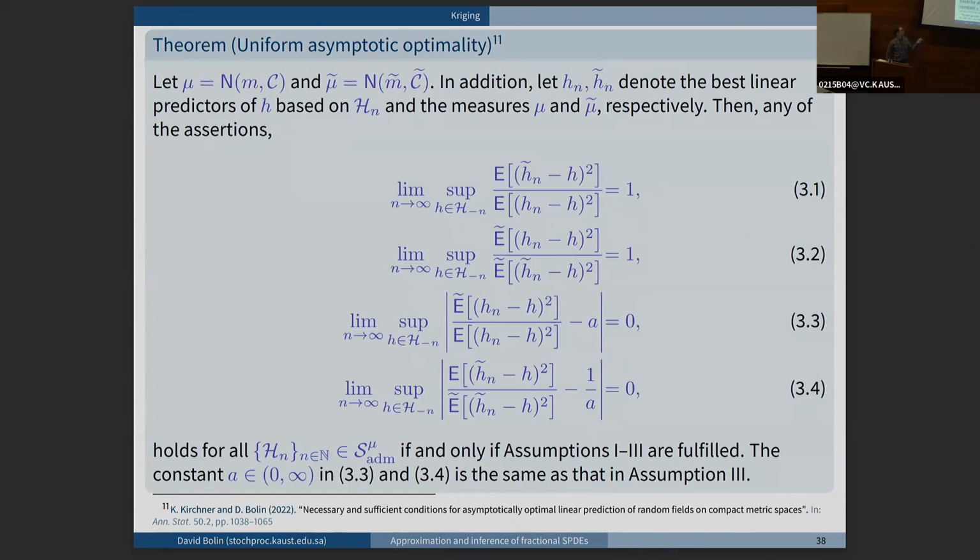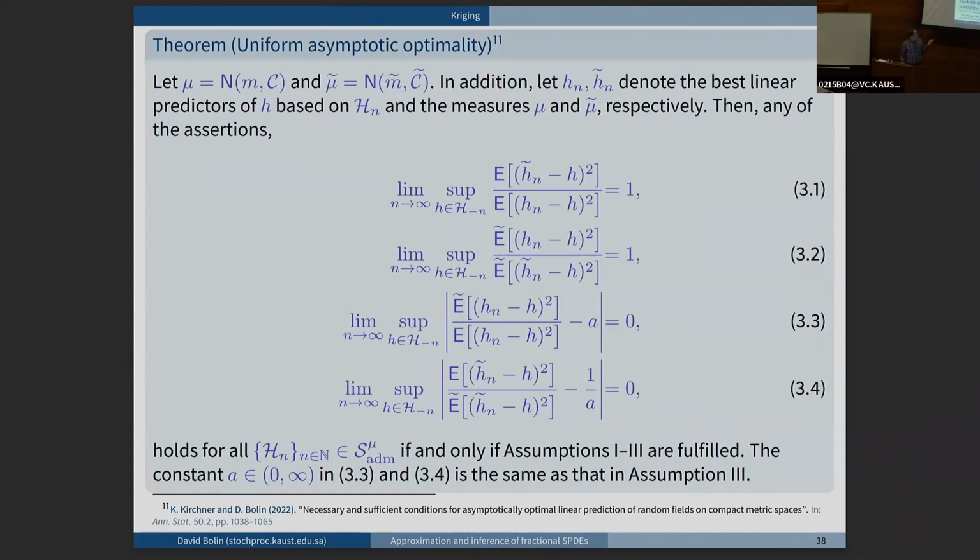This basically says the following, also if you change the order of mu and mu tilde. This holds if and only if these three conditions, the Kriging conditions, are fulfilled. Right, so that's the result.